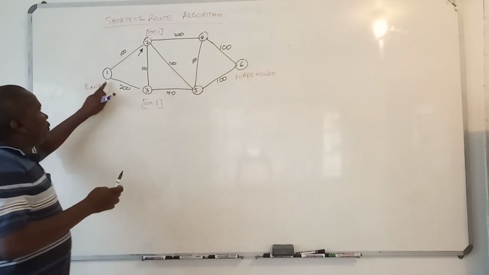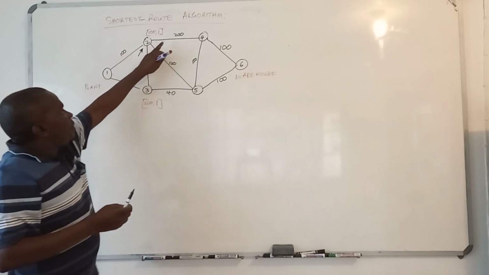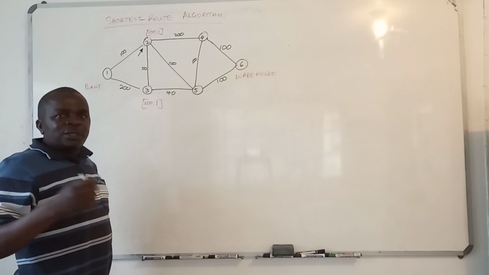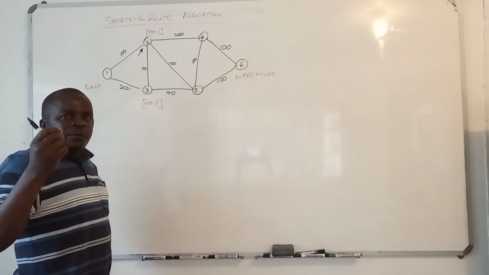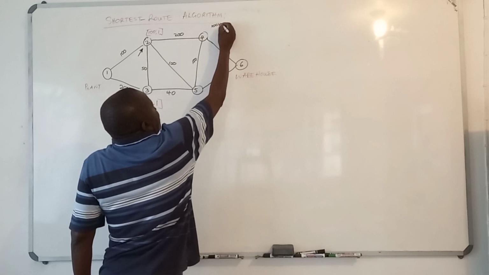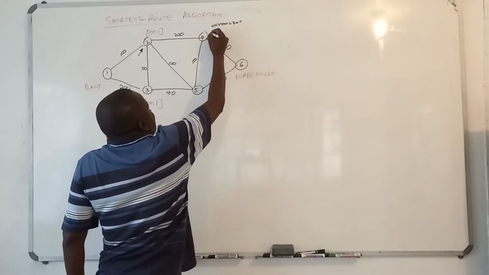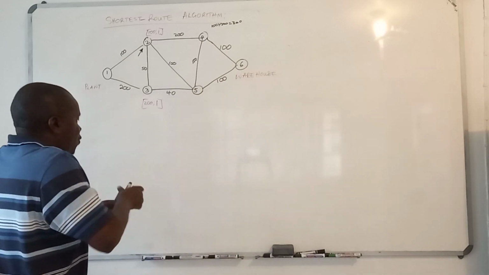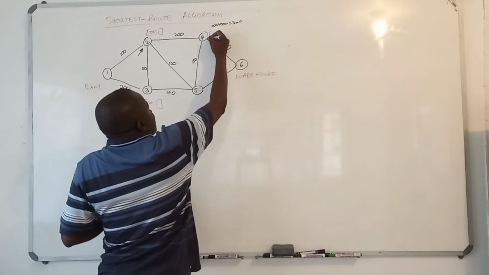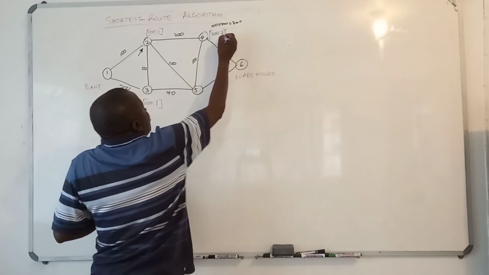From 1 up to node 4, it is going to be 100 plus 200, which will give us a total of 300. So our label for node 4 is going to be 300, because we're coming from node 2.